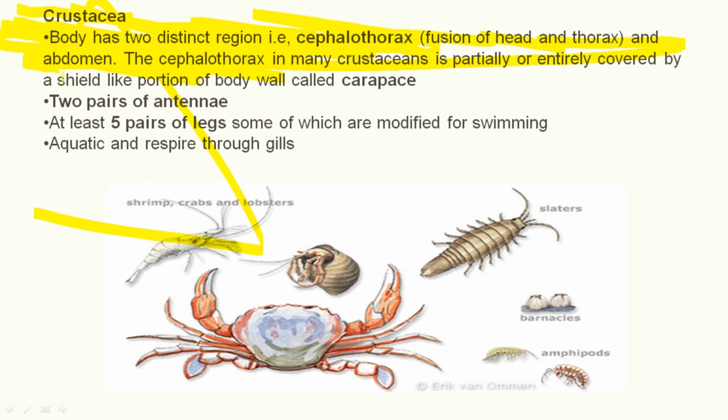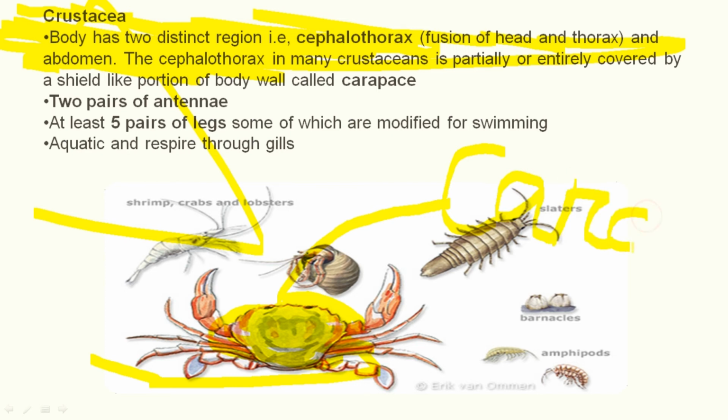The cephalothorax in many crustaceans is partially or entirely covered by a shield-like portion, just like in crabs. That one is called what? Carapace.